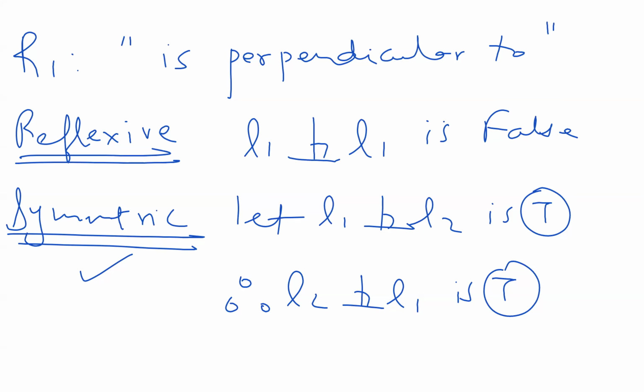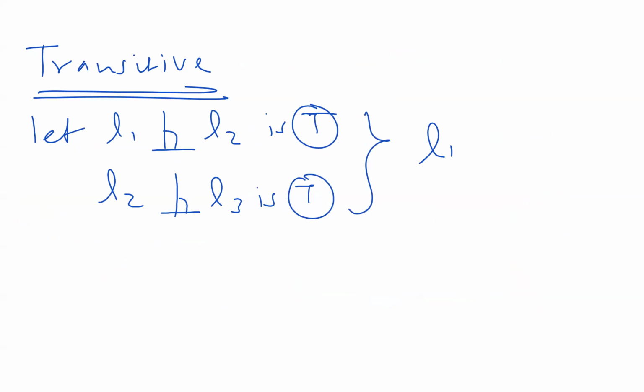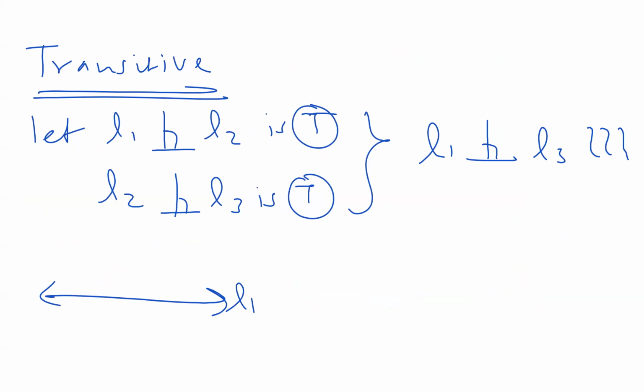Now transitive. Let L1 be perpendicular to L2. Let it be true. L2 be perpendicular to L3. Let it be true. Does it imply L1 perpendicular to L3? So this is L1, perpendicular to L2.